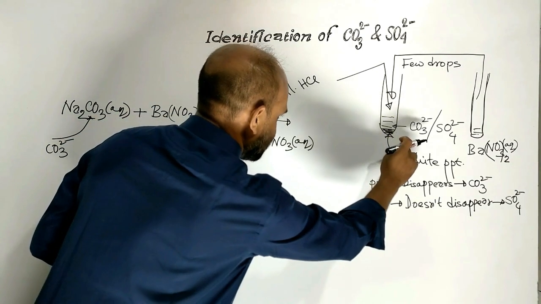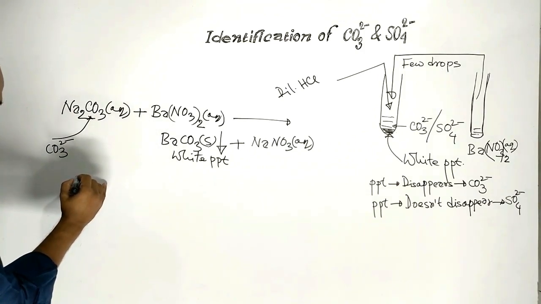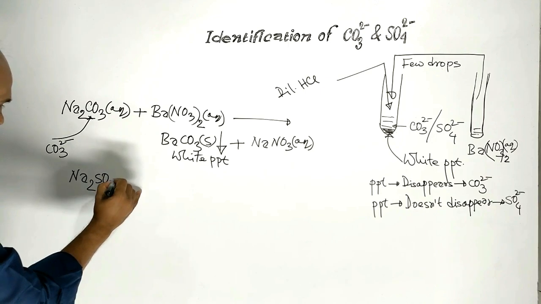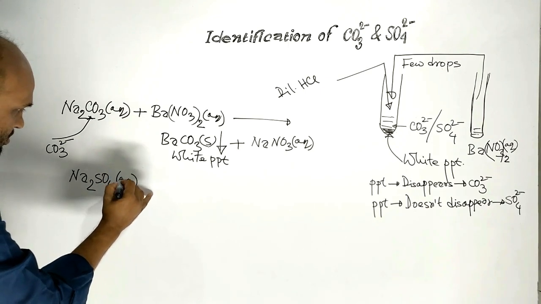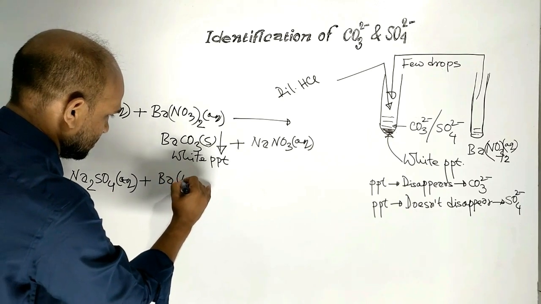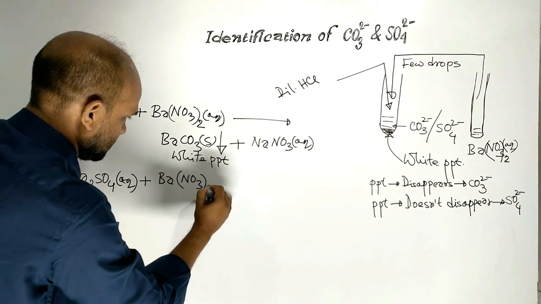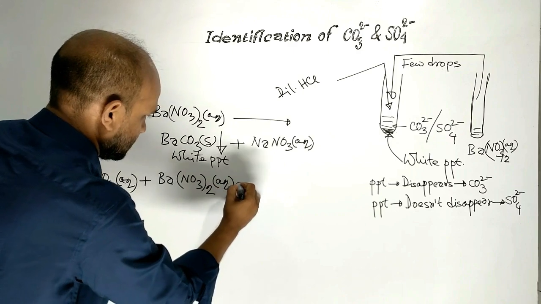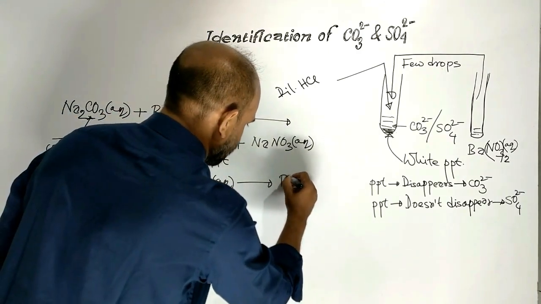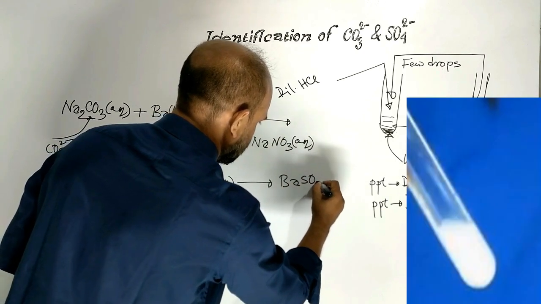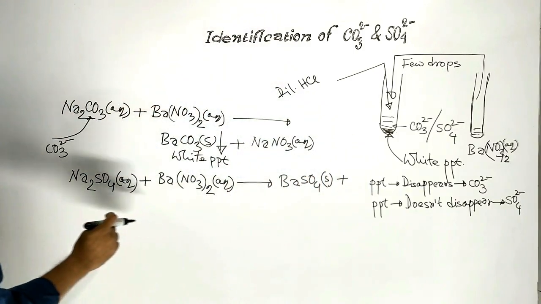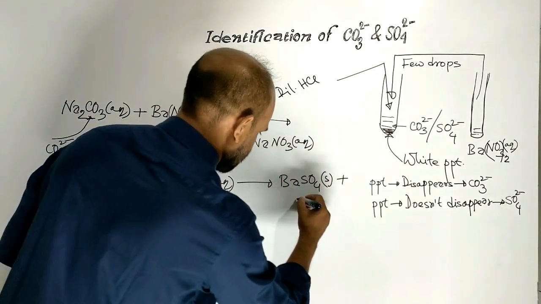But if it is a solution of a sulfate salt, suppose sodium sulfate, and barium nitrate solution is added, in this case as well, white precipitate of barium sulfate is formed. Here the byproduct is sodium nitrate.